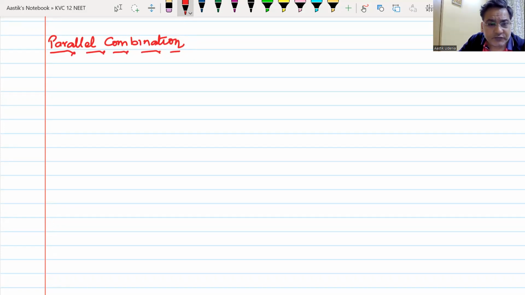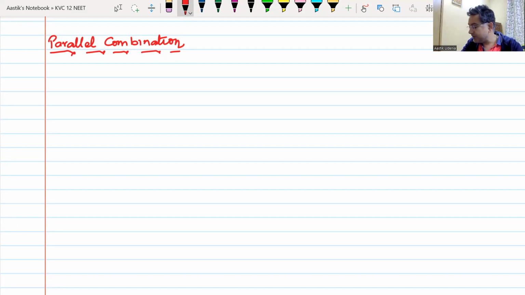Now the resistors would be arranged in such a way that the voltage across them would be same, but the current going through them would be different. Do we understand this?